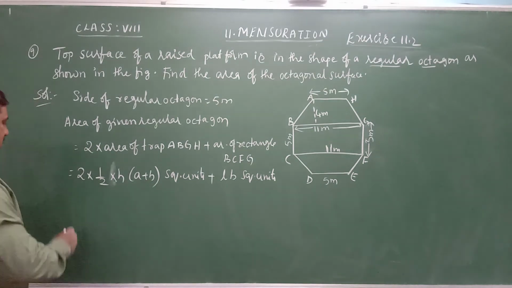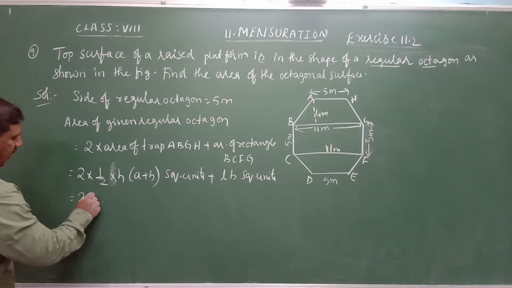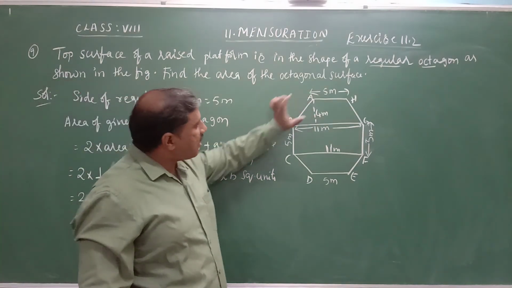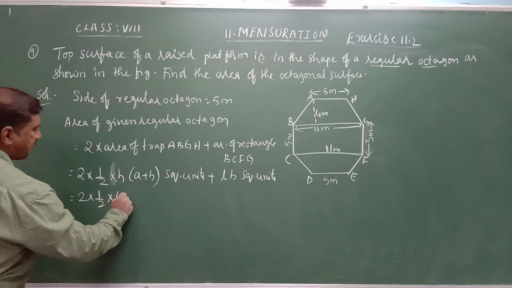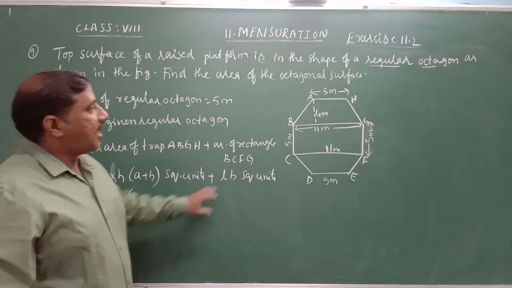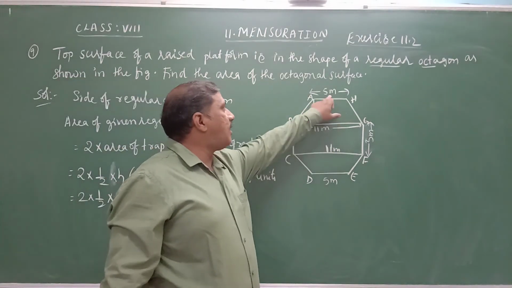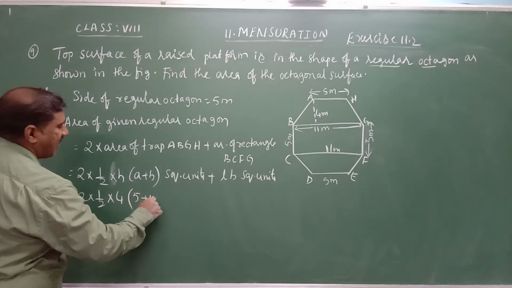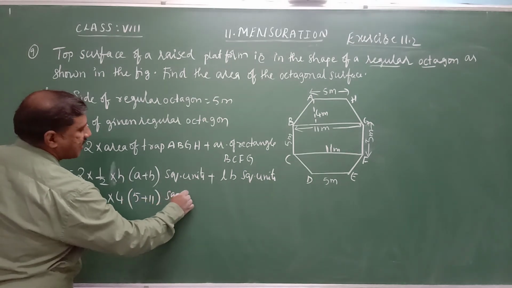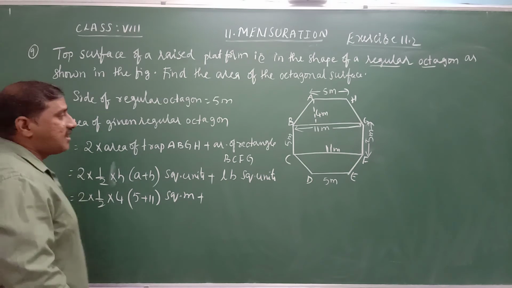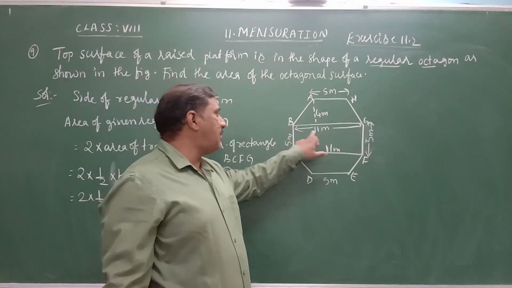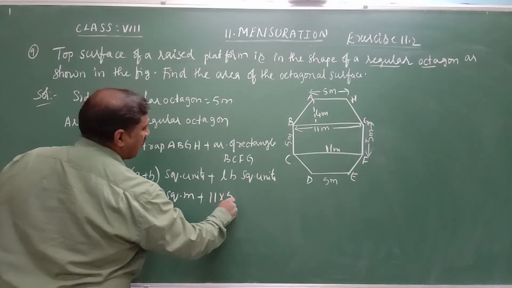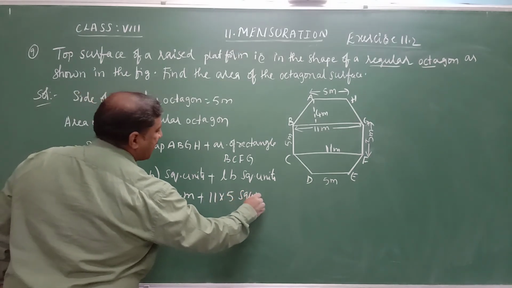Then substitute the values: 2 into 1 by 2 into height of the trapezium, which is 4 meters, into the length of the 2 parallel sides, 5 meters and 11 meters, that is 5 plus 11 square meters, plus length and breadth of the rectangle. Length is 11 meters and breadth is 5 meters, that is 11 into 5 square meters.